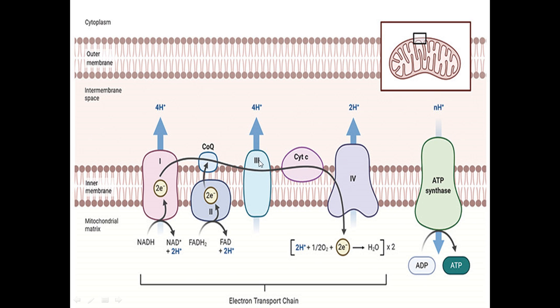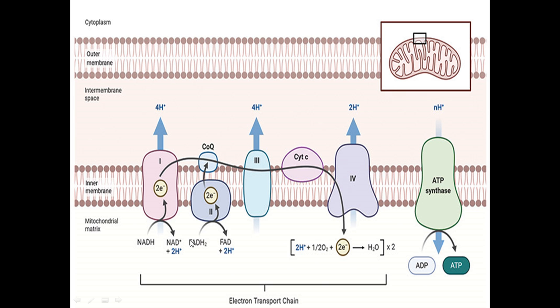So let's see how these various complexes aid in electron transport in the electron transport chain. Basically, the NADH is generated in glycolysis. It is generated in the conversion of pyruvate to acetyl-CoA, and also severally in the tricarboxylic acid cycle, the Krebs cycle or the citric acid cycle.